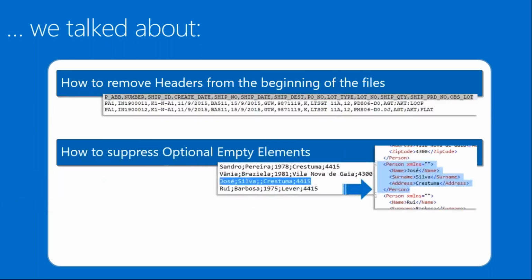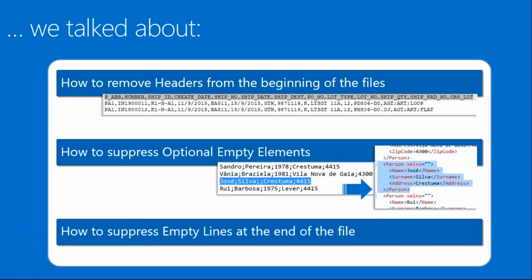We also talked about suppressing optional elements, so they do not show as nil or an empty string in the XML, and how to suppress empty lines at the end of the file, especially the enter that sometimes appears at the end of the file while other files don't have the enter.